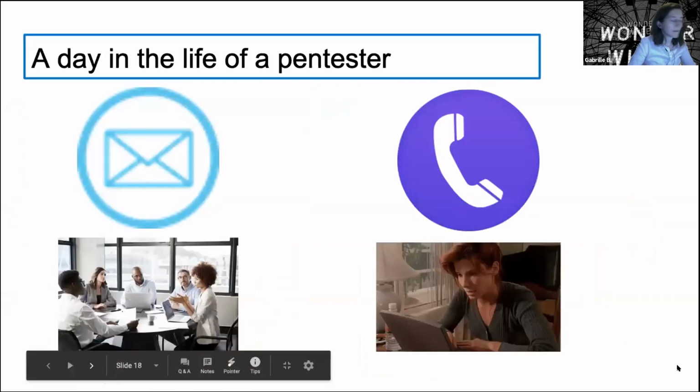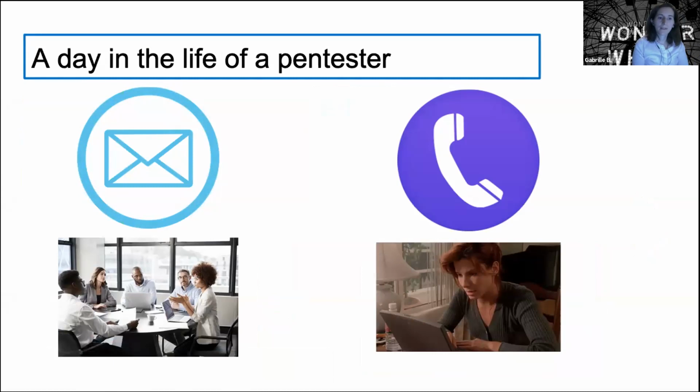Sorry about that. Okay, so what is a typical day in the life of a pen tester? So it would be like you open your mailbox, you send an email to the customer whose systems you are testing. And it is very important to be careful with emails and read them at specific hours because you obviously get a lot of those.